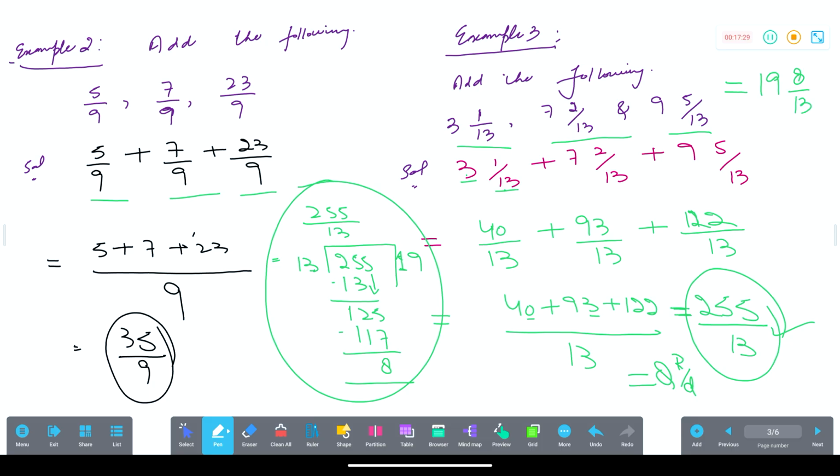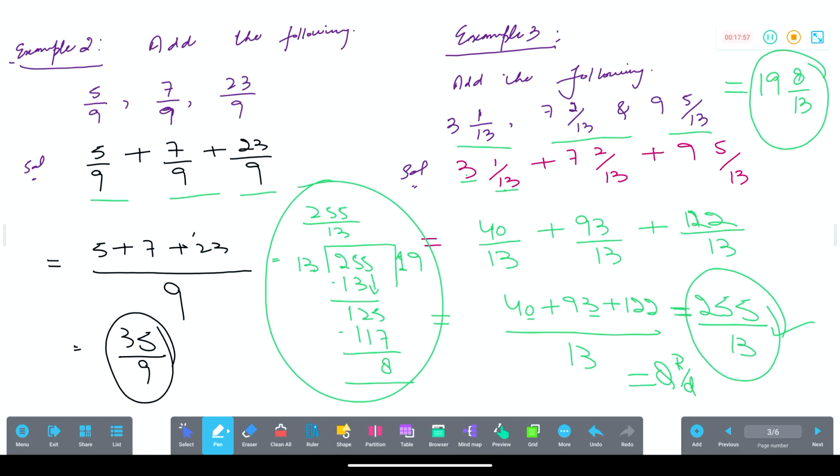So this is actually the final answer. It is actually the mixed fraction of this improper fraction. And when we convert this back, it will come back to 255 by 30. So this is how we will add like fractions. Whenever we have to do the operation of addition in case of fractions, we will do it in this way whenever it is the case of like fractions.